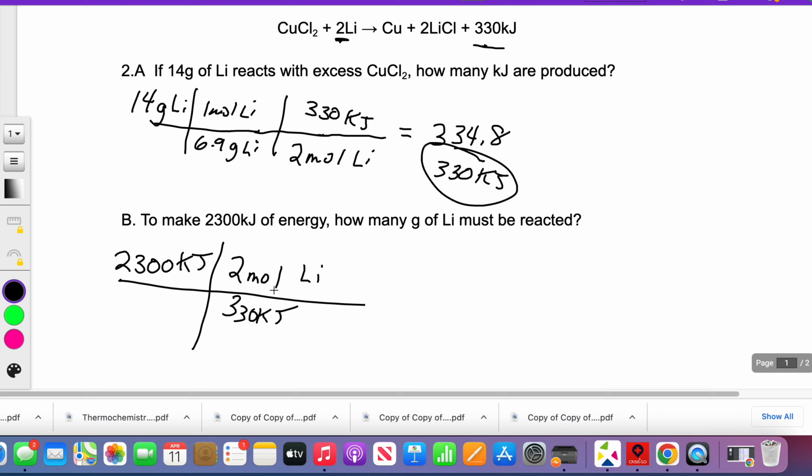Notice how I kept the kilojoules diagonal from the kilojoules. But it wants grams lithium, so you would have to change to grams. 1 mole lithium is 6.9 grams lithium. Now remember, whenever we change to grams, it's 1 mole. So if I go 2,300 times 2 times 6.9 divided by 330, I get like 96 grams of lithium.